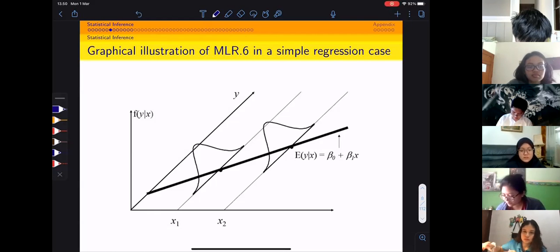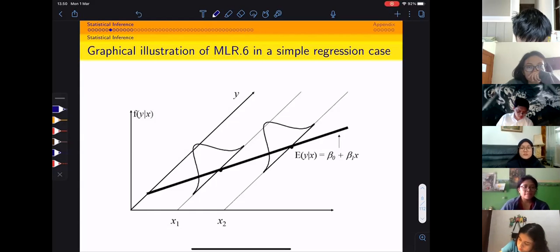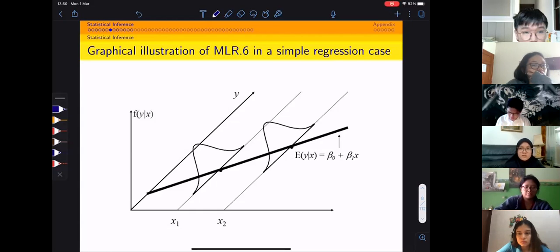From time to time, if you have any questions or you'd like me to clarify some of the points, feel free to unmute and ask the questions. I don't want anyone to get stuck in a particular concept without knowing it, since we're going to use it in the subsequent discussions.